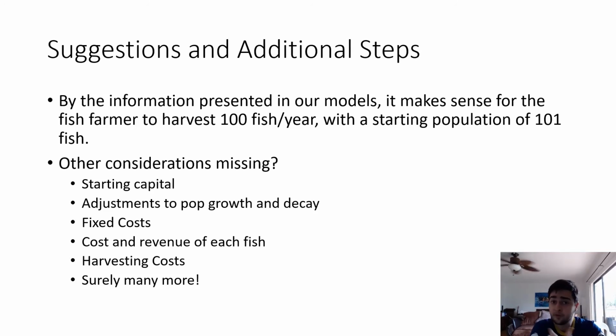We were also only trying to optimize for the amount of fish being harvested. We weren't looking at things such as profitability. And we had a very simple constraint: we only looked at any solution that didn't result in the fish population eventually reaching 0. So all of these things considered, our model was fairly simple.